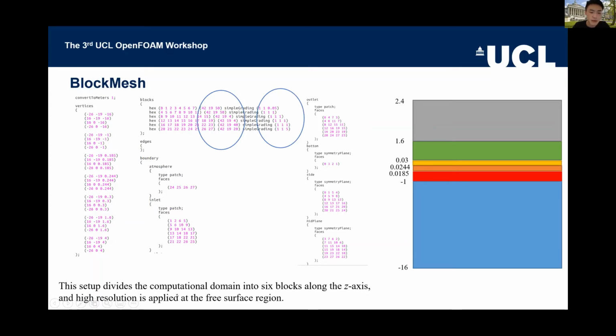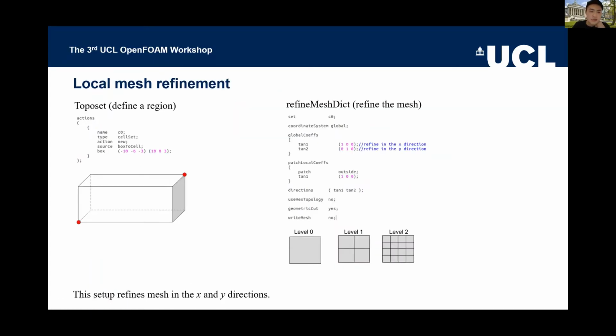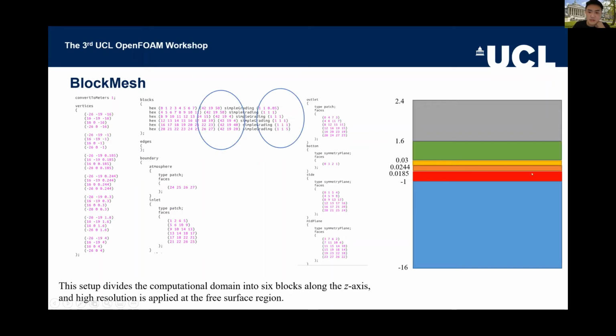So this setup divides the computational domain into 6 blocks along the axis. High resolution is applied at the free surface region. Just now we only defined the z-axis this way, so we didn't refine anything in the x and y axes, since this is a very big computational domain. For the z-axis, the free surface spans the whole computational domain, so in blockMesh we refine the z-axis.